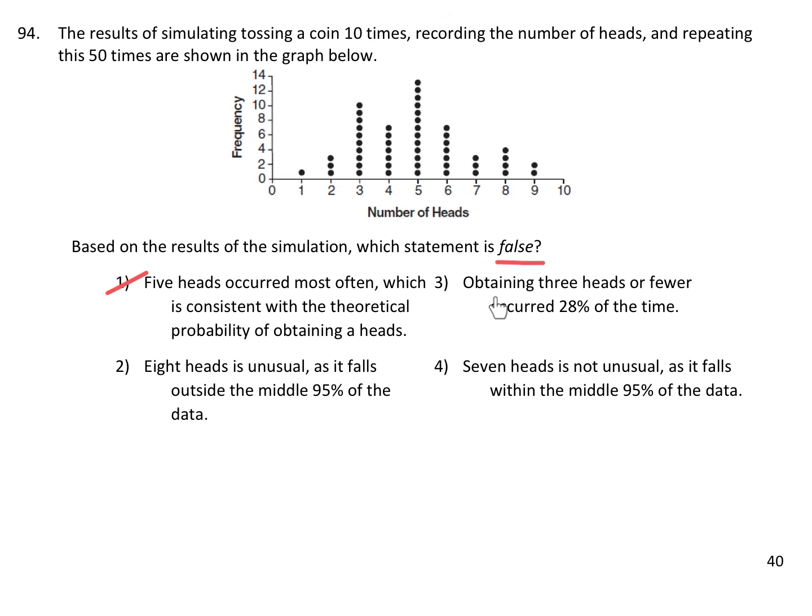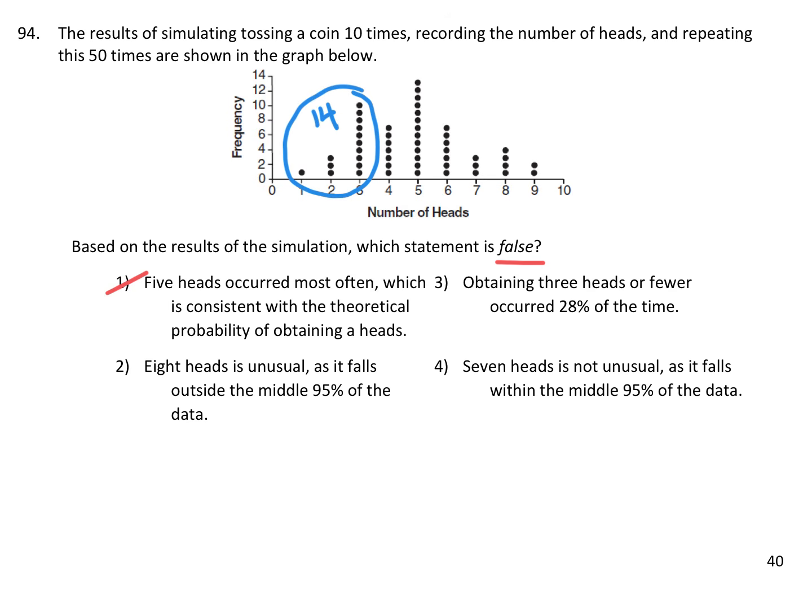Let's start up here. Obtaining 3 heads or fewer occurred 28% of the time. Let me switch colors for this. We'll go to blue. So here's where 3 heads is. It says 3 heads or fewer, so that encompasses all of these outcomes. If you count up the number of dots there, you'll see there's a total of 14 dots.